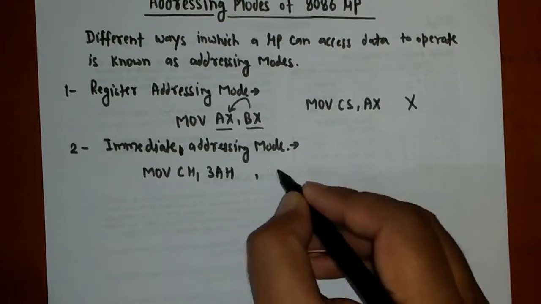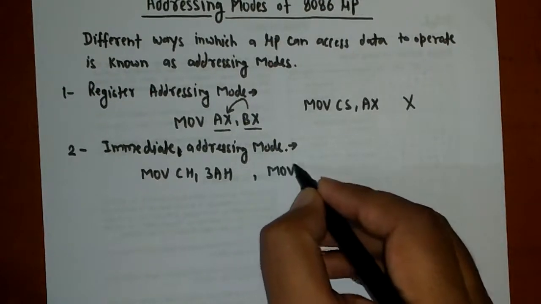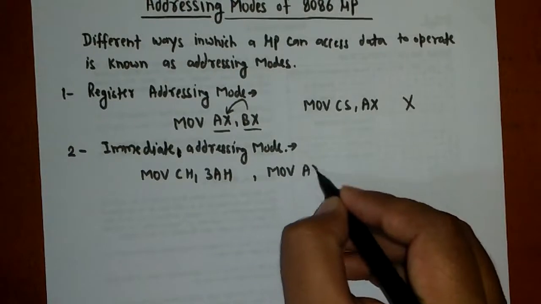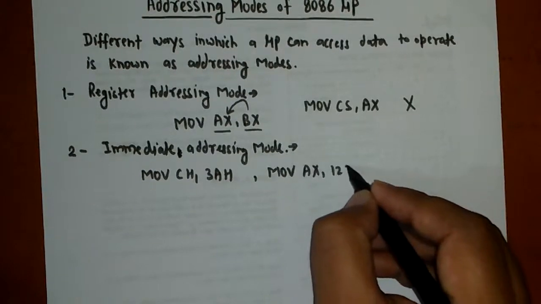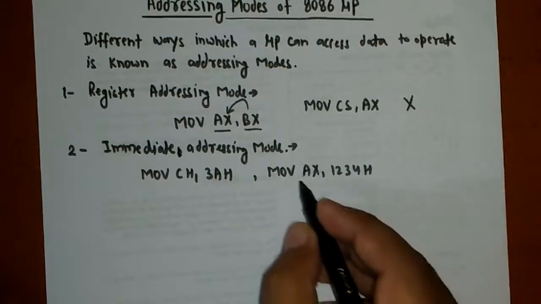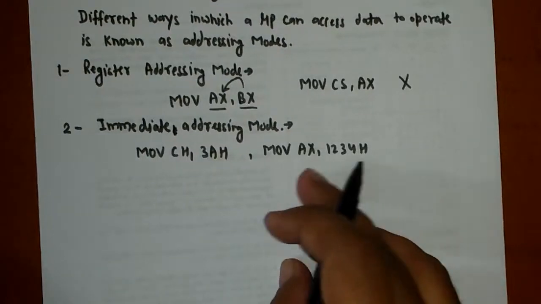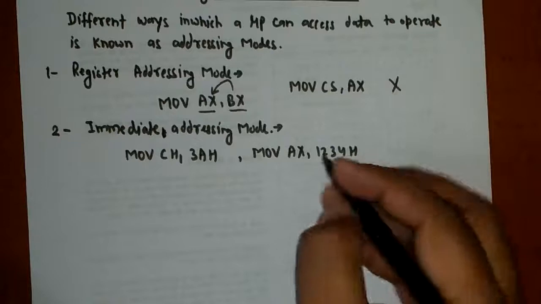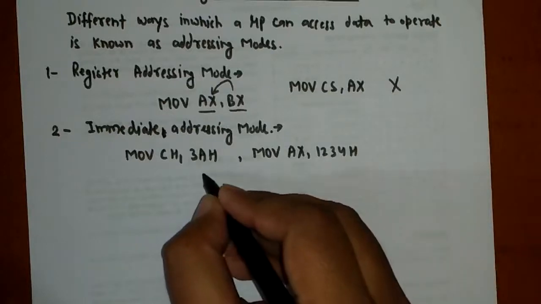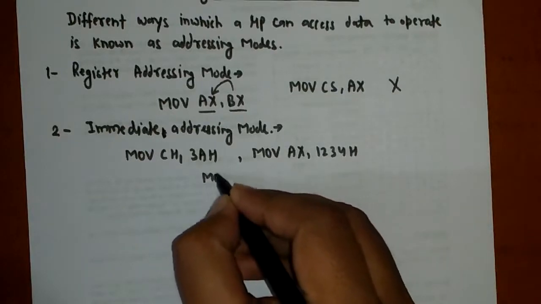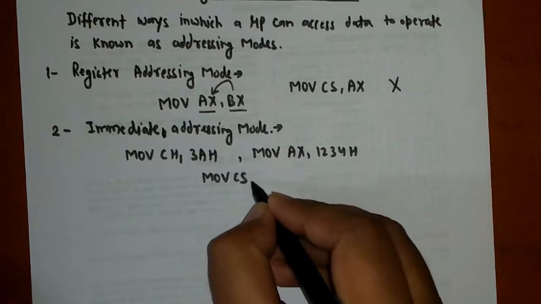Similarly, you can write MOV AX comma 1234H. AX is a 16-bit register, that's why you will be copying a 16-bit value to the AX register. And the same rule is true here, that we cannot alter the content of the code segment register directly.